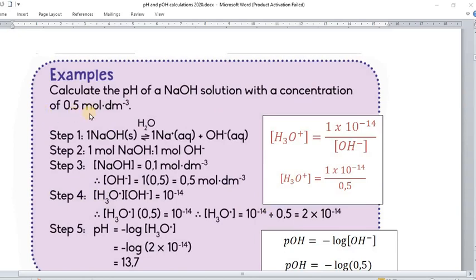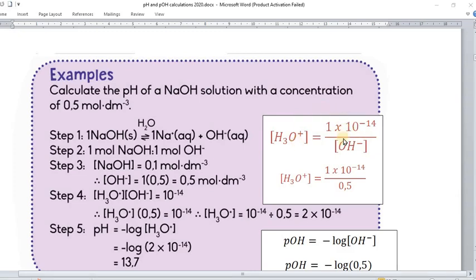Now, you will establish your ratio, and you find that to be 1:1. That means that your hydroxide ion concentration is 0.5. Now, applying your auto ionization formula of water, substituting into it, you use this one to find your hydronium ion.